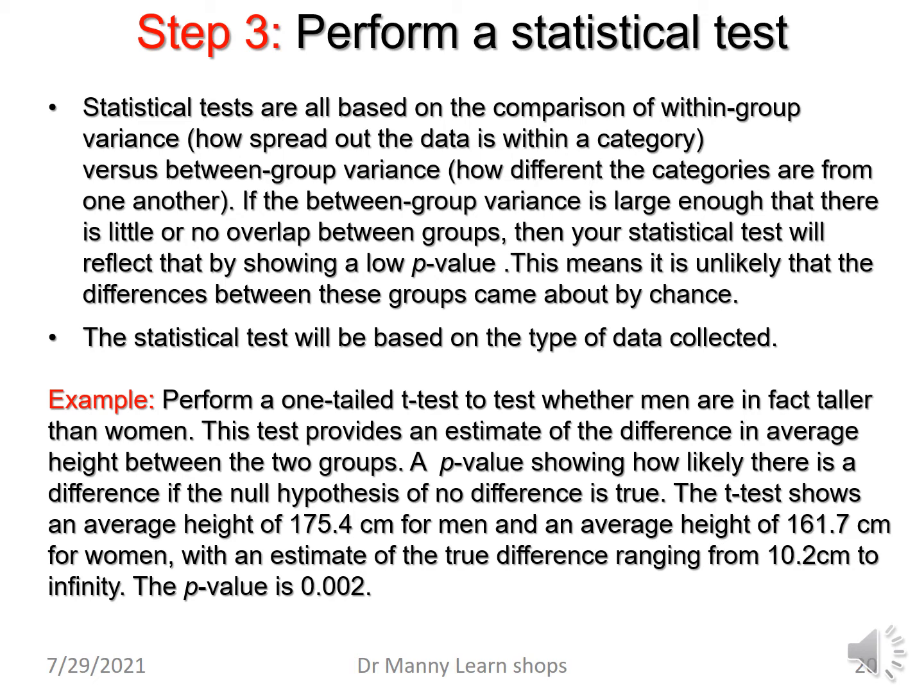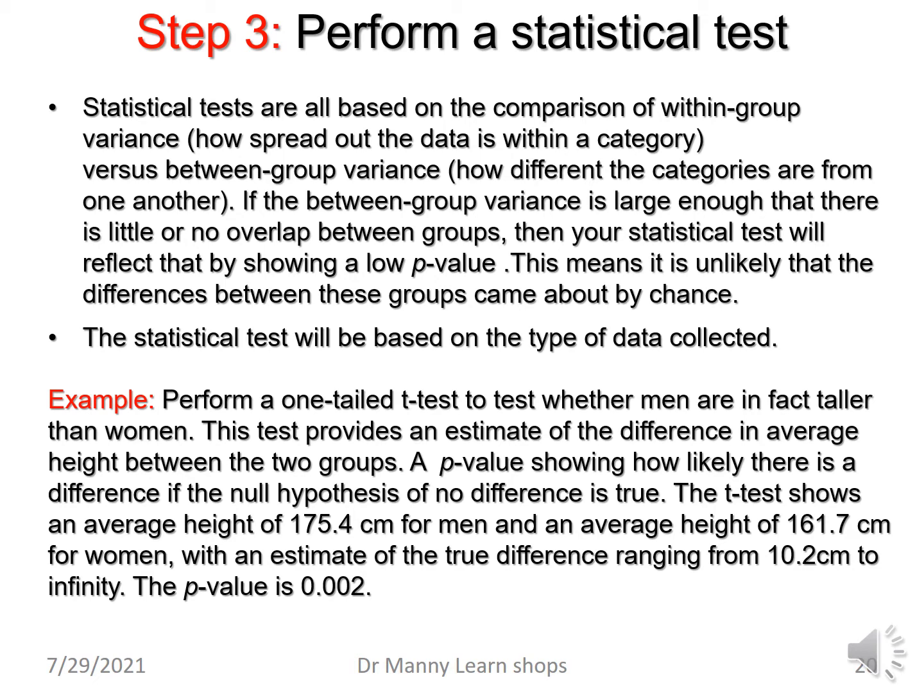The statistical test will be based on the type of data collected. So for example, if we're doing a t-test, it's to see whether men are in fact taller than women. This test provides an estimate of the difference in average height between the two groups. The p-value shows how likely it is that there is a difference if the null hypothesis of no difference is true.